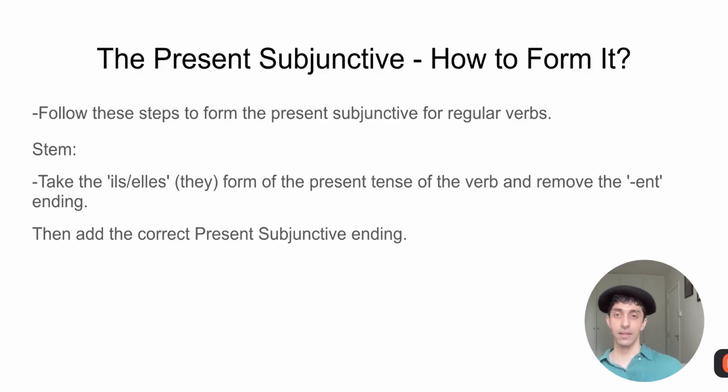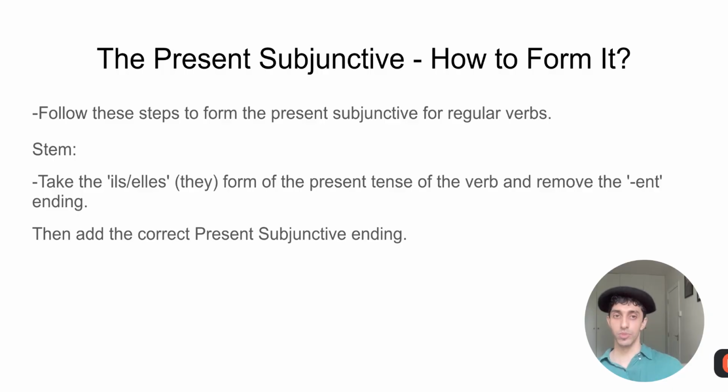But for that reason as well, even if you, say, memorize key phrases with the subjunctive, if you are able to throw in the subjunctive correctly in any way in your speaking or writing, then it can come across as very impressive to examiners. So this is how you form the present subjunctive for regular verbs. There are irregulars that I'll show you as well.